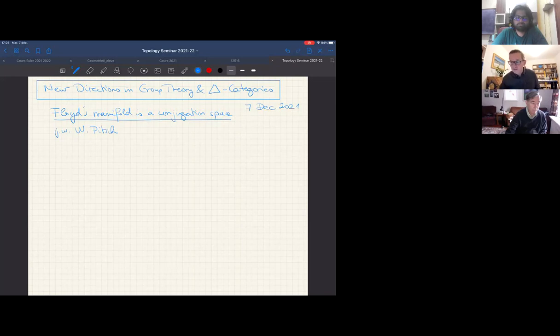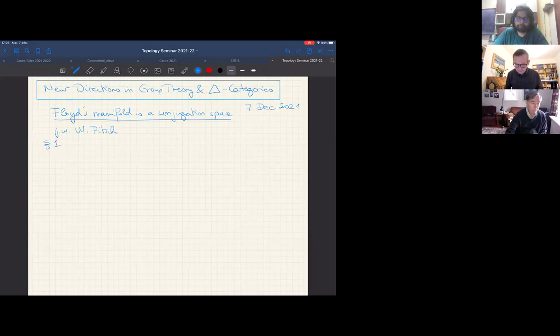That's this joint work we had with Wolfgang and Nicolas Ricka. And then I will construct the Floyd manifolds. There are two of them, and take care in doing this construction equivariantly so that it can become a conjugation space, and then finally prove the title. So that was the plan.